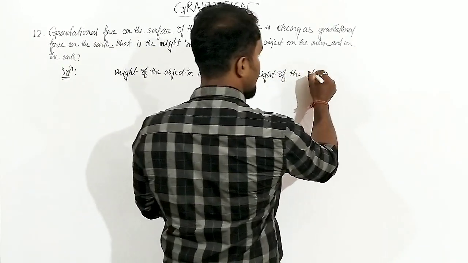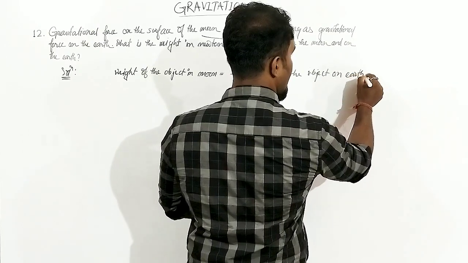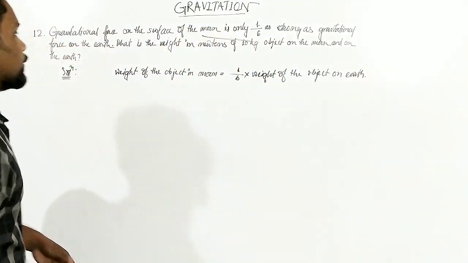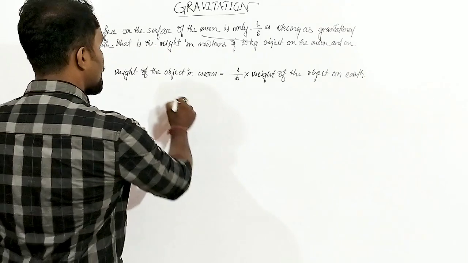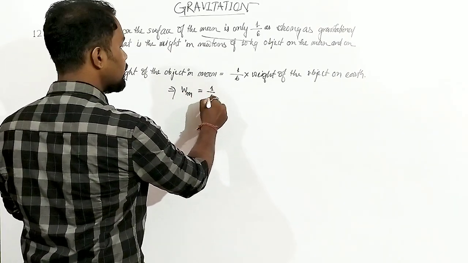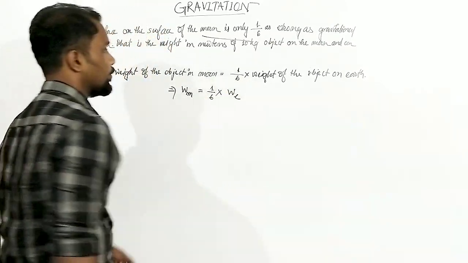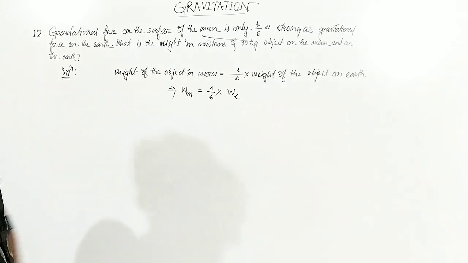I explained this and we proved it. We will consider the weight of the object on the moon as Wm, and the weight of the object on the earth as We. This is a fact.